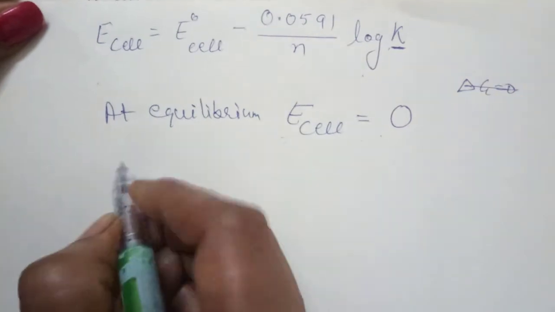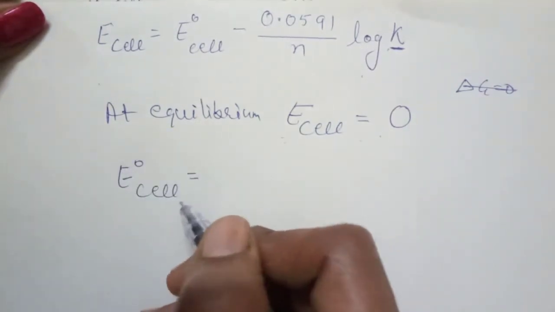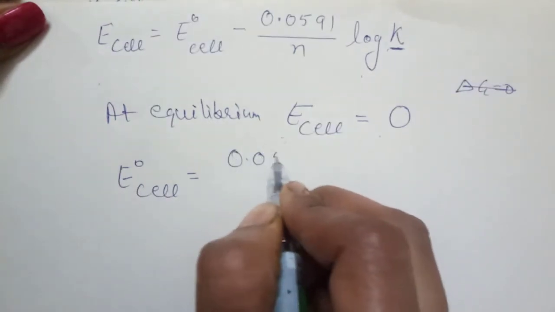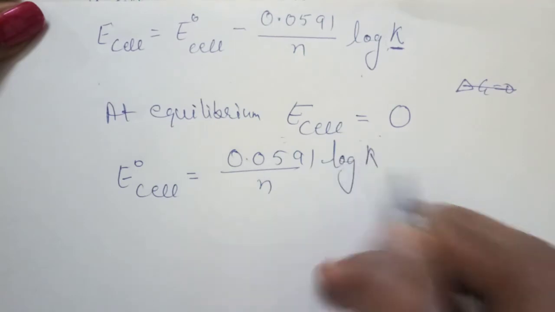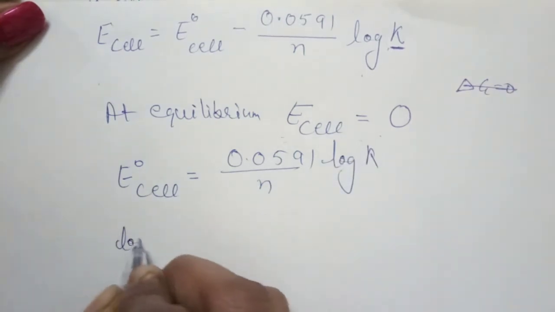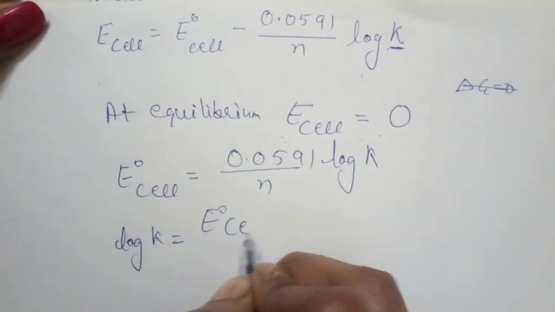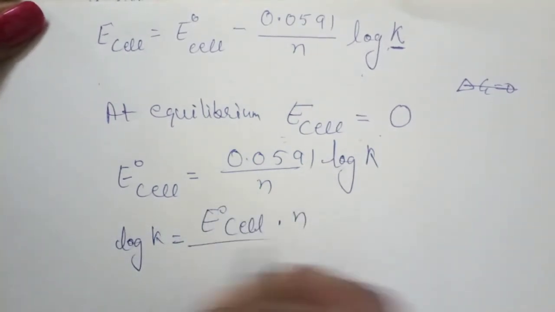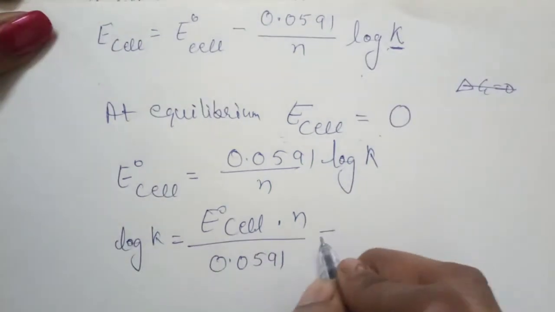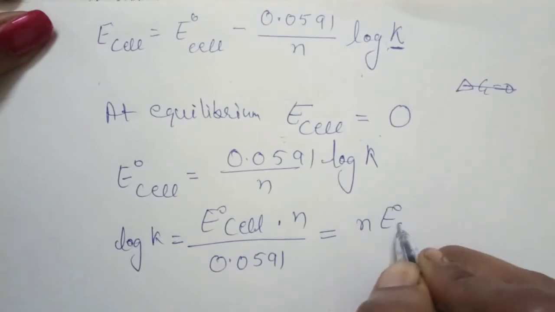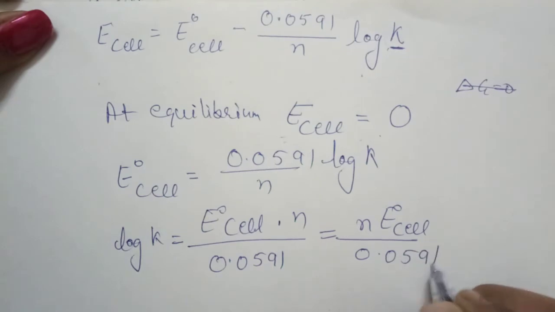So at equilibrium we can say E° cell will be equal to 0.0591 upon n log K. So log K will be equal to E° cell into n upon 0.0591, or we can say n E° cell upon 0.0591.